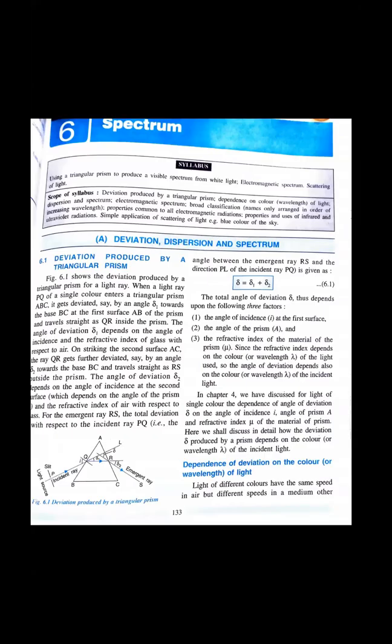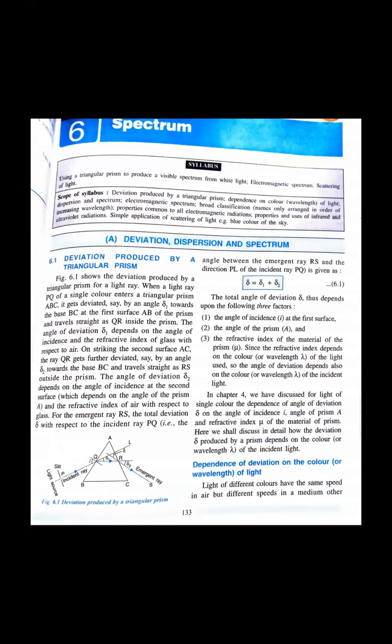Spectrum is the constituent. You can say the constituent of light is a spectrum. So white light, when it passes through a prism, we see a spectrum of light. We see the 7 colors of the rainbow. That is Vibgyor colors, and these 7 colors combined together form the white light. That is spectrum.